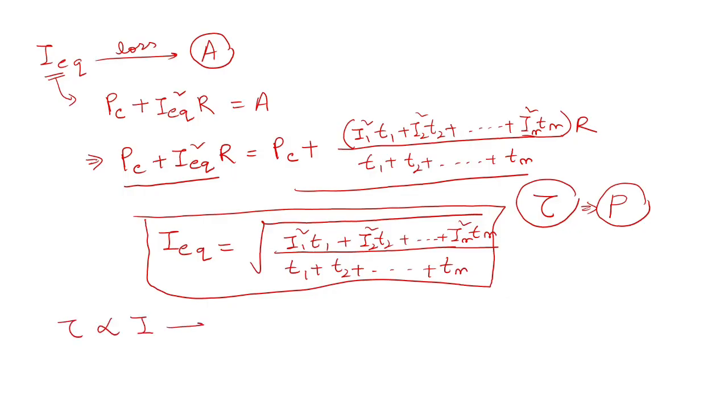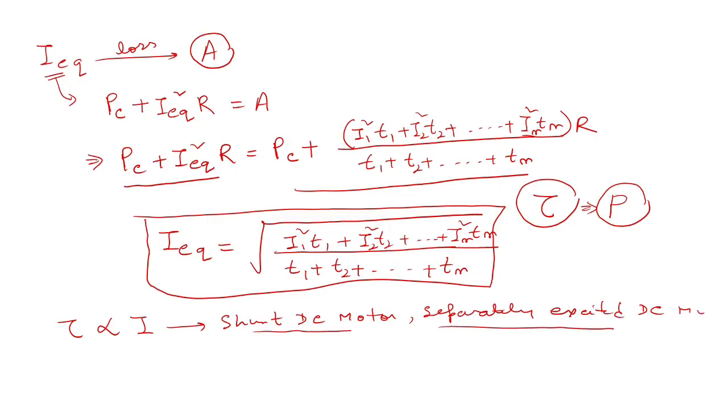The examples of such motors are shunt DC motor, or you can say separately excited DC motor. When the name of such motors is given in the question and the torque profile is given, we will find the torque equivalent similar to this IEQ, and then we will find the power from the torque.